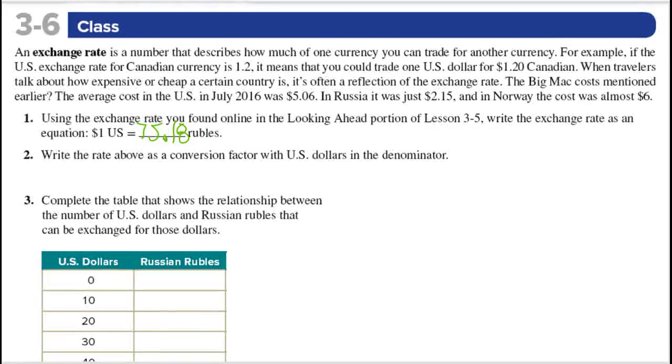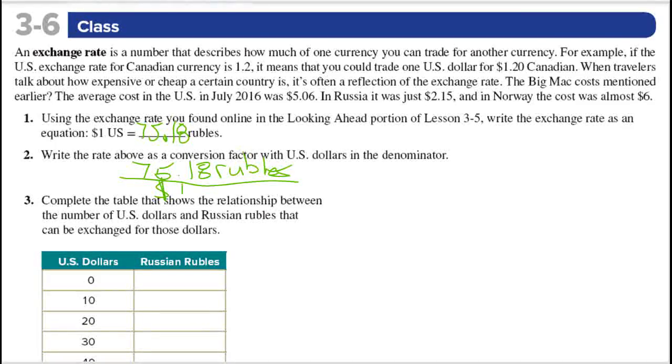Okay, write the rate above as a conversion factor with US dollars in the denominator. So if I want to see how many rubles I can get for $10, I would multiply 75.18 by 10. So 75.18 rubles per $1.